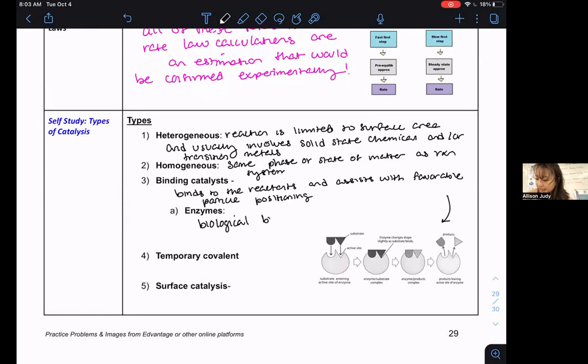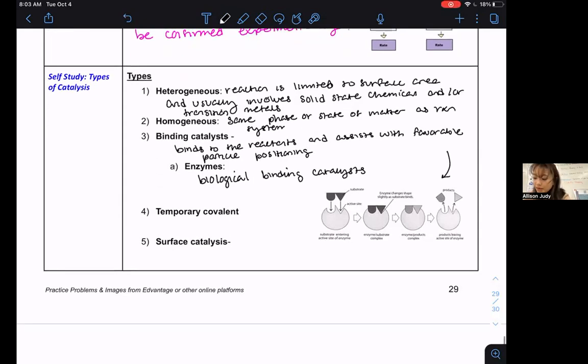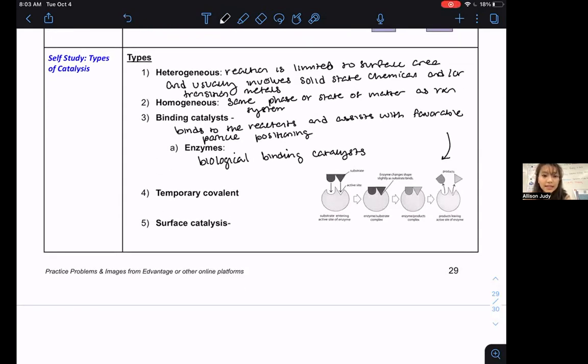They're just your biological binding catalysts. For those of you interested in biochem, there's your like 1-second biochem lesson. And we call it like an active site where the enzyme, usually a protein, right, comes along, clamps in, and that allows another particle to come in, react with it in kind of like a grounded state, and thus a more successful rate of reaction.